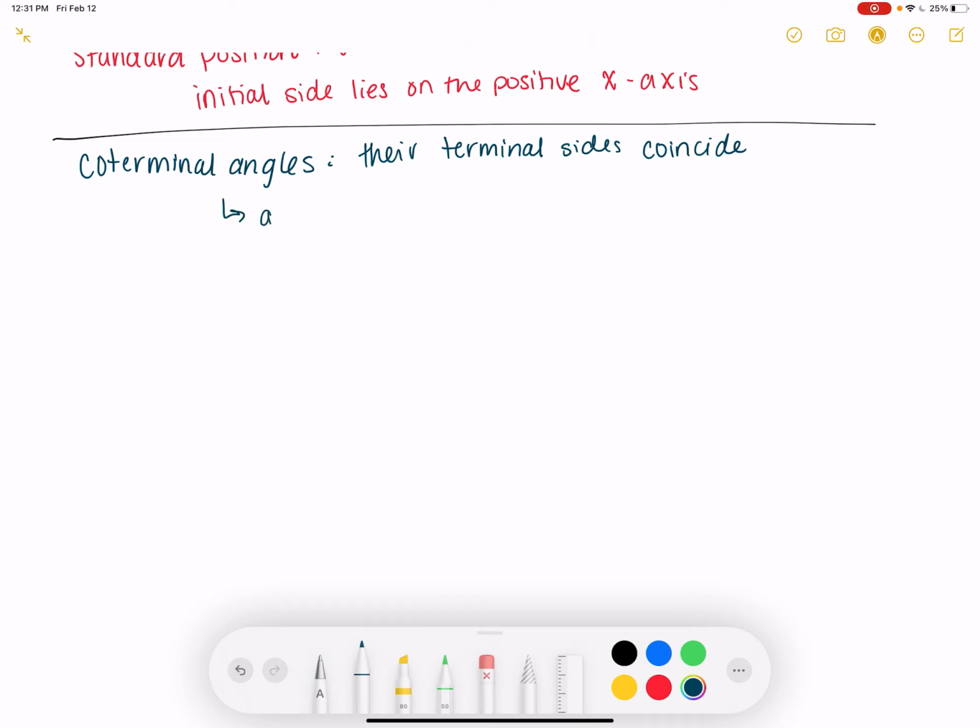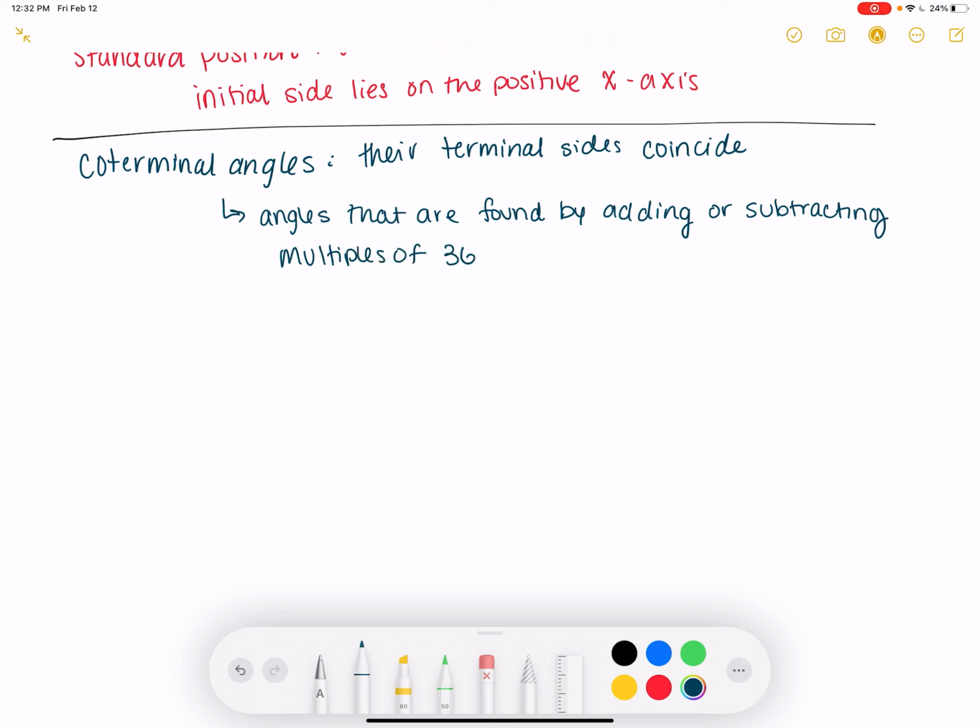These angles are ones that are found by adding or subtracting multiples of 360 degrees.